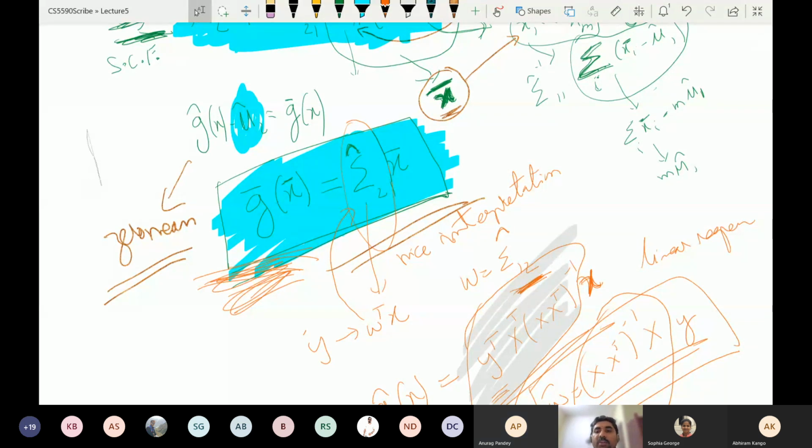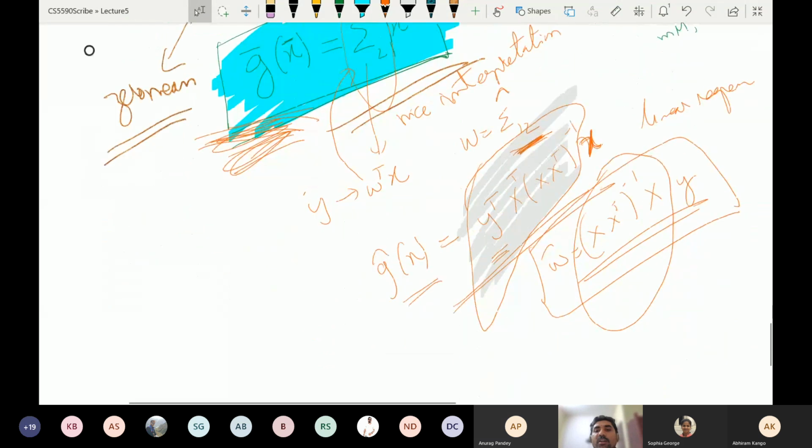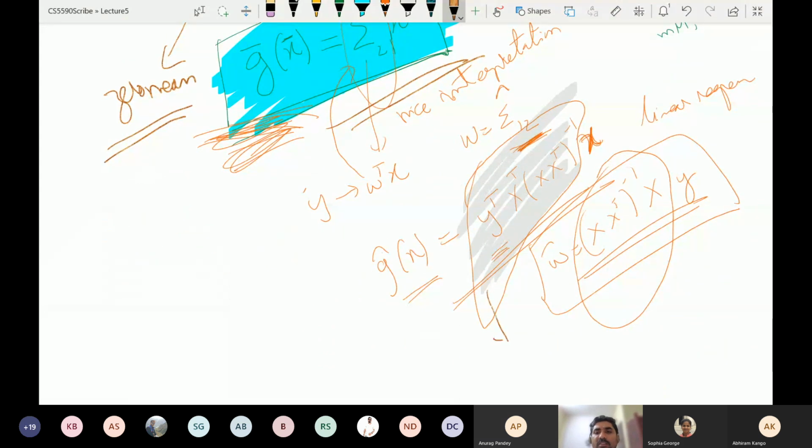See, here in linear regression, you are not learning covariance. These are like correlations. So this term very much looks like a correlation, right? X into X. And this actually looks like correlation between outputs and inputs, isn't it?